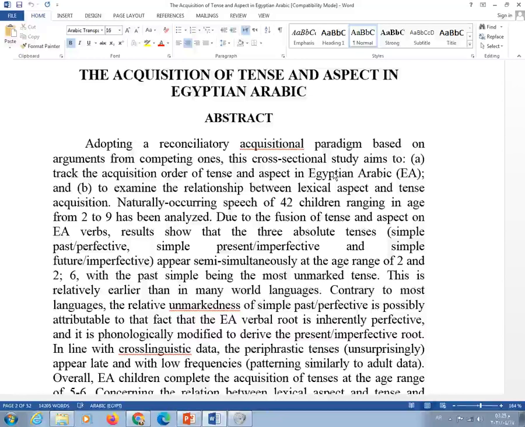There is an alternative method, which is a cross-sectional study, and you can get, for example, a group of children at the age of 2, and then a group of children at the age of 2.5, a group of children at the age of 3, a group at 3.5, and a fourth group at the age of 4, and so on and so forth.